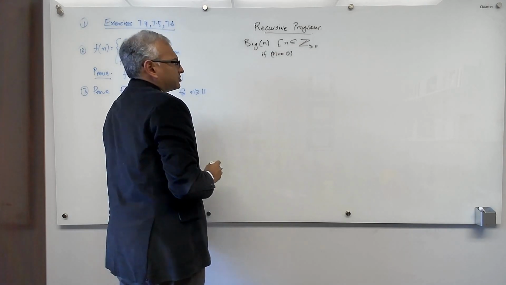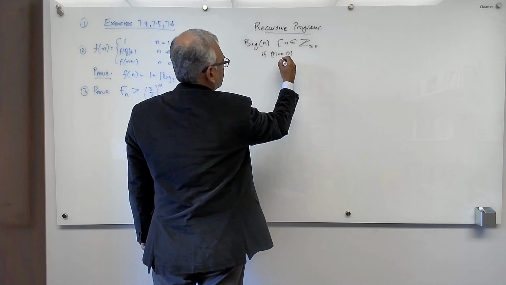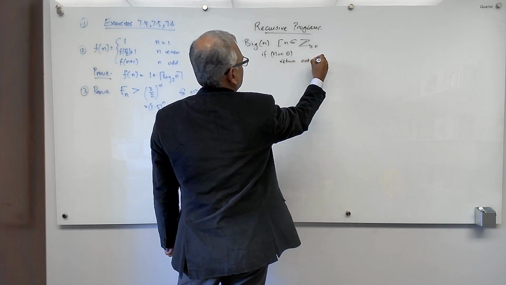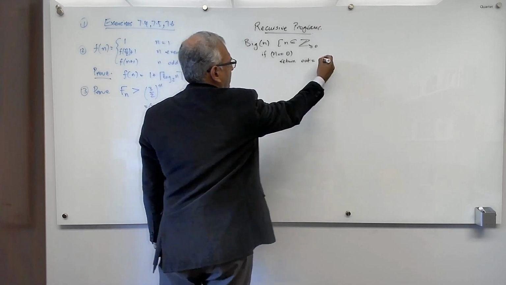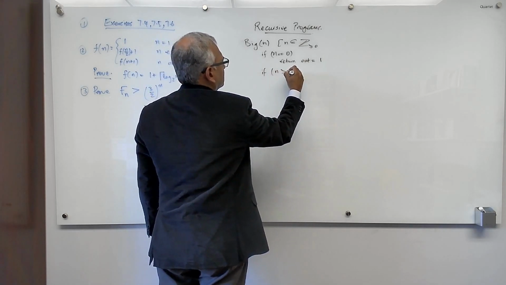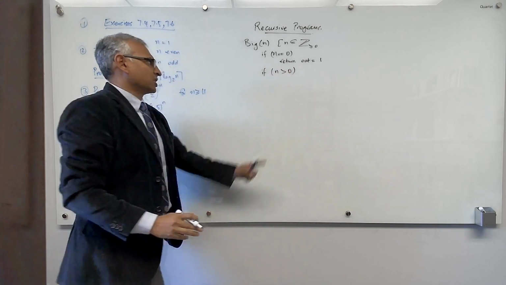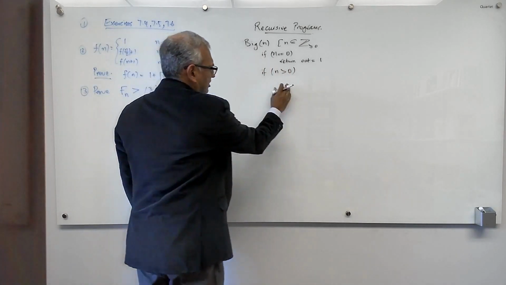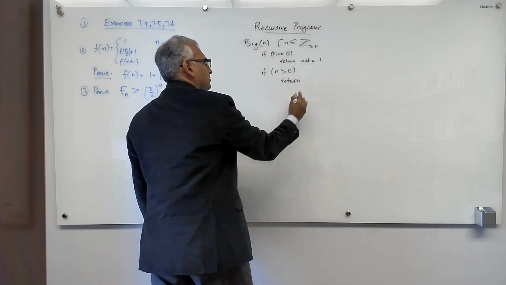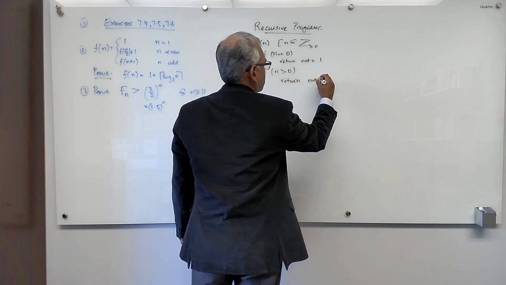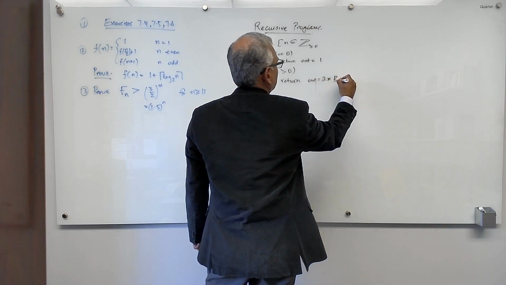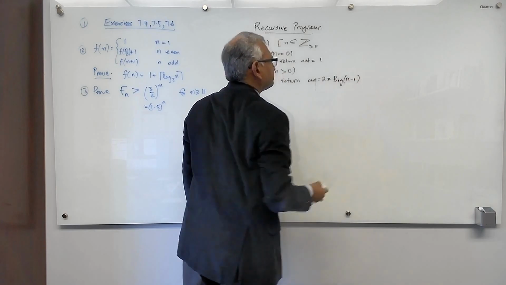If n compared to 0 is true, then return your output as 1. If n is bigger than 0, return your output, which is equal to 2 times big of n minus 1.